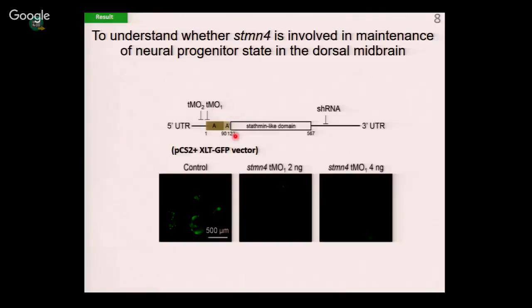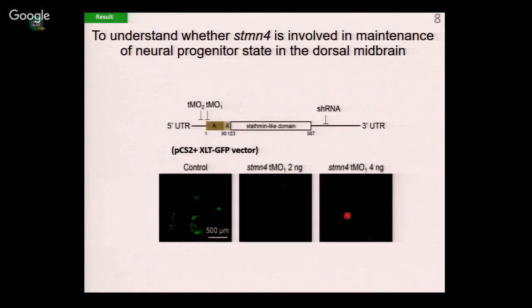To know the efficiency of the morpholino, they co-injected pCS2 plus XLT GFP with an insertion of Stathmin4 containing the morpholino oligonucleotide target site, with or without morpholino. And we can see in the figure that the control without morpholino oligonucleotides expresses the GFP fluorescence.